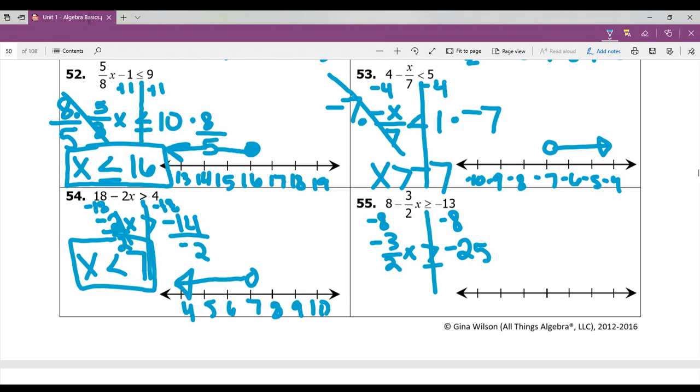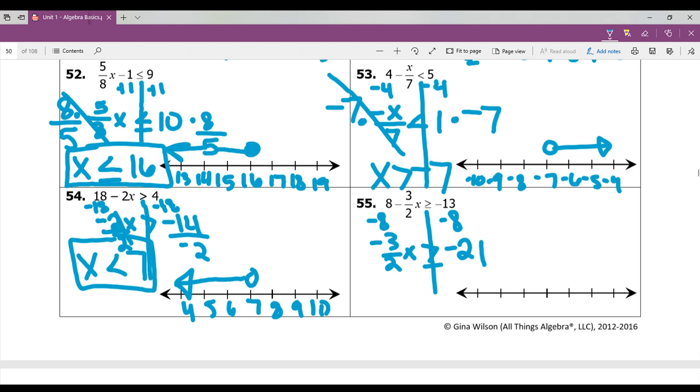No, it's not. That was bad math. I'm sorry. That's 21. I'm pretty sure. Let me double check. Yep. Negative 21. Sorry about that.